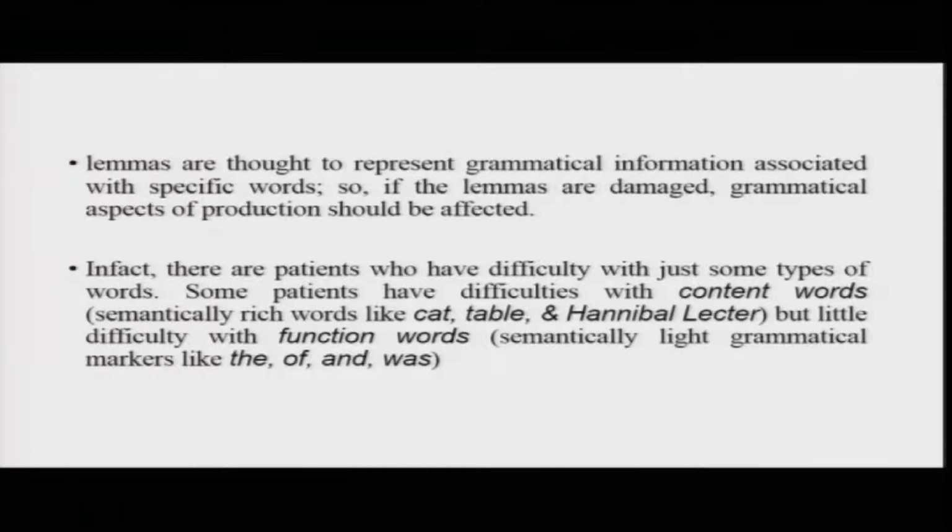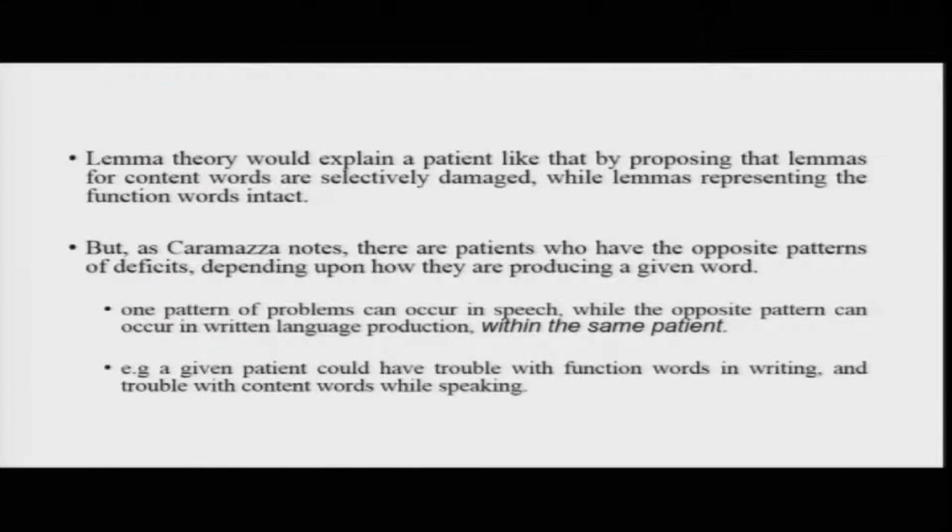Content words are nouns and verbs, like cat, table, Hannibal Lecter, and so on, as compared to function words like articles and prepositions. Now the lemma theory would explain that for a patient like that, who has some kind of brain damage, lemmas for the content words are selectively damaged as compared to lemmas for the function words. But as Caramazza notes, there are patients who have the opposite pattern of deficits as well.